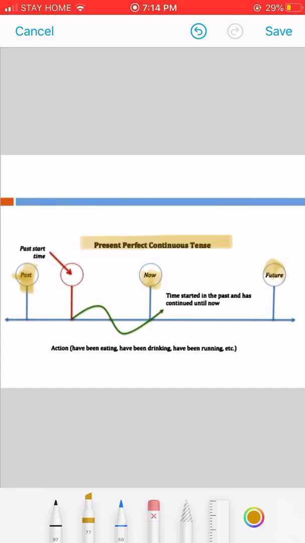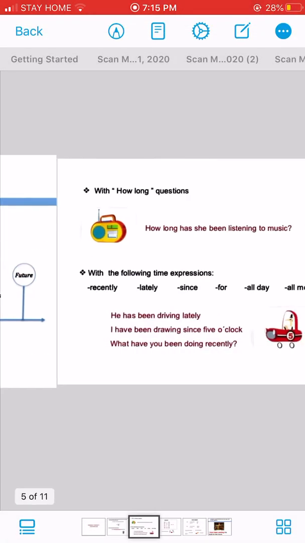The action started in the past and has continued until now. إذا عندنا الفعل بدأ في الماضي وما زال مستمر حتى الآن. So for example: have been eating, have been drinking, have been running. Again, the present perfect continuous talks about actions or situations that started in the past and have continued until now.